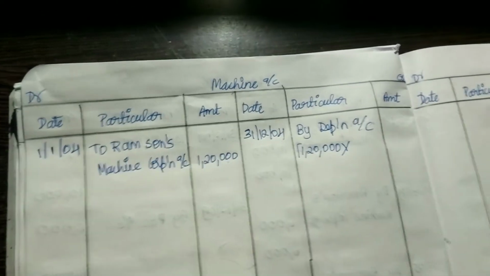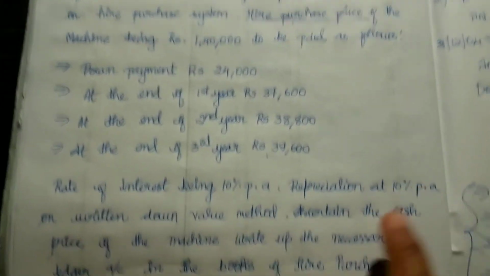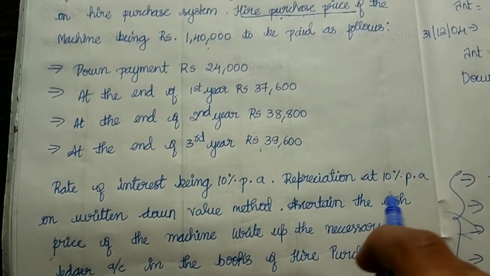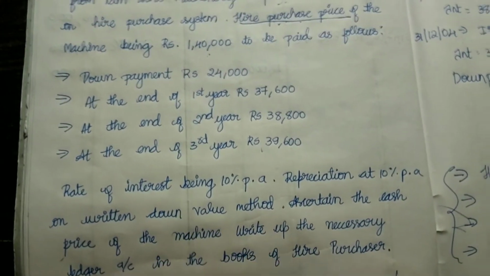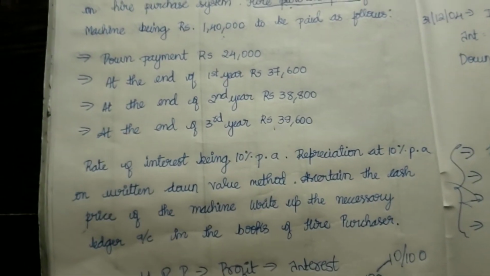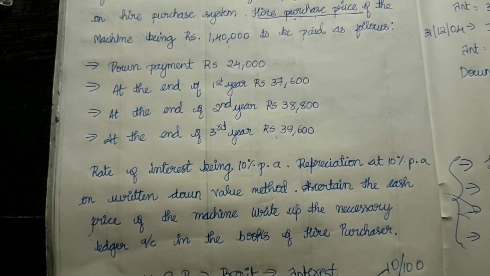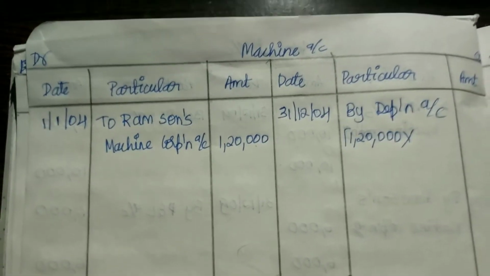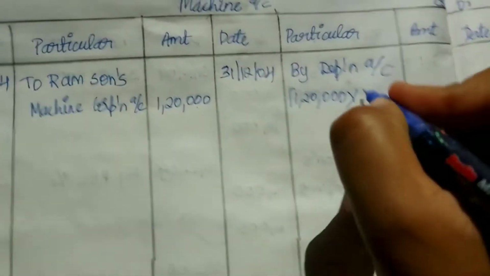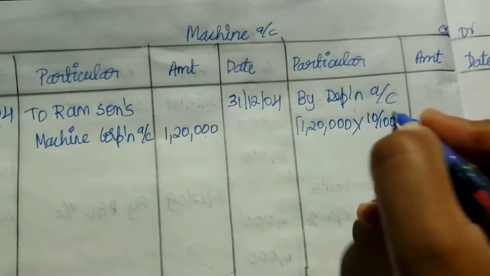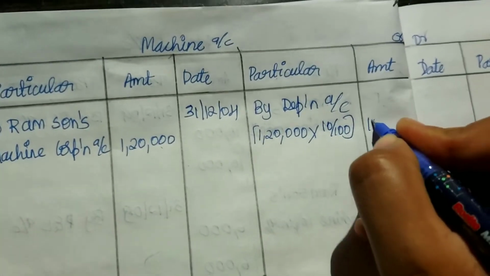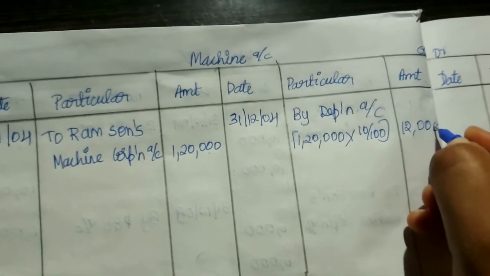If you observe in the question, they have given that depreciate at 10% per annum on the reducing balance method. So you have to depreciate the machine at 10% per annum. So if you calculate, you'll get 12,000.